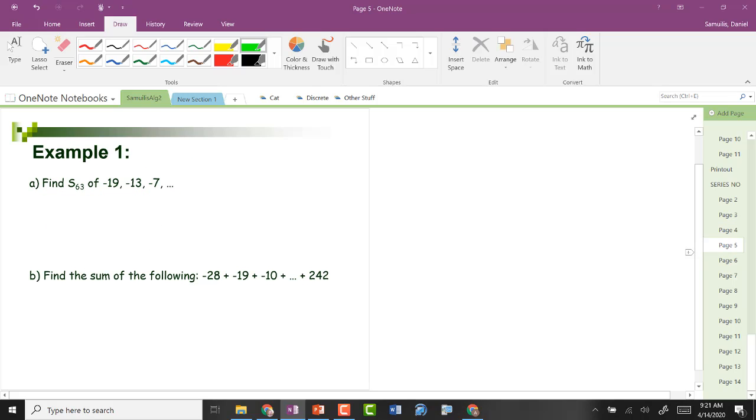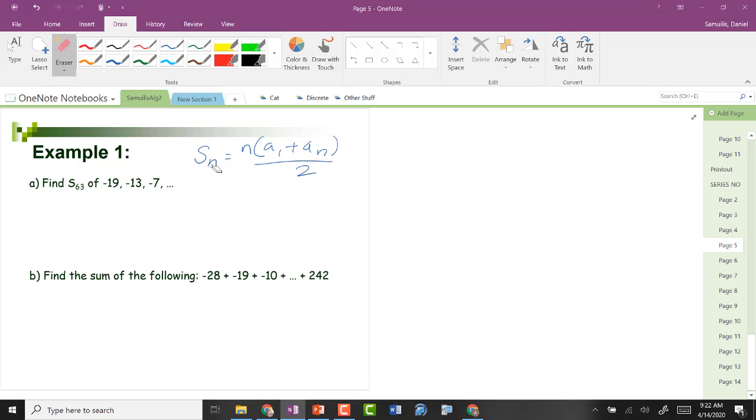For example, if you want to find the sum of the first 63 terms, here are 3 terms of the sequence. We want to know what the sum of the first 63 terms is. We have the series equal to the number of terms times the first term plus the nth term, over 2.